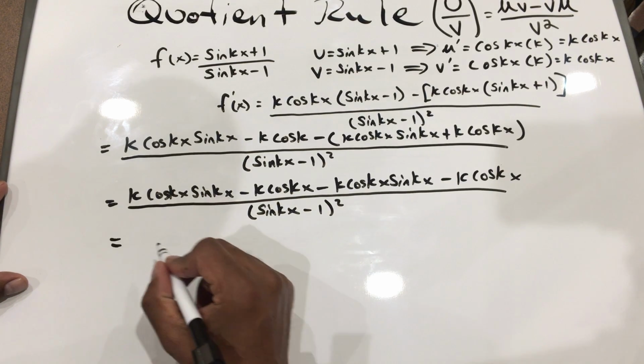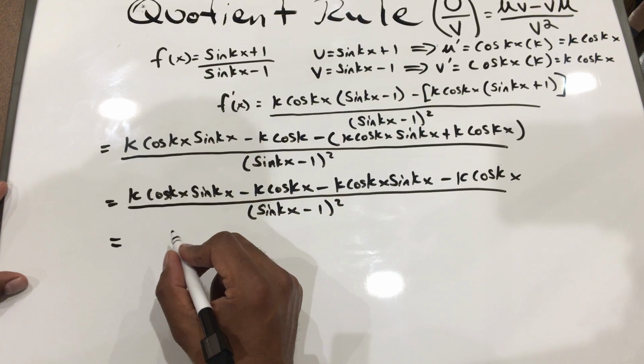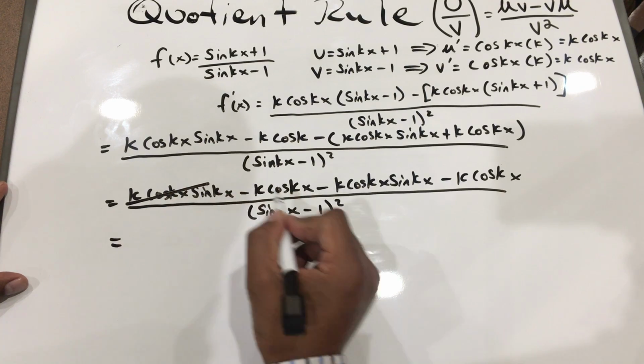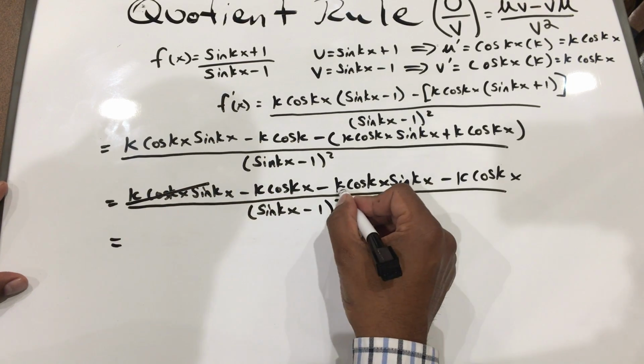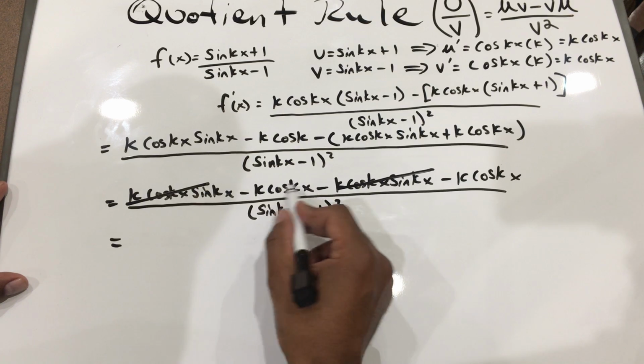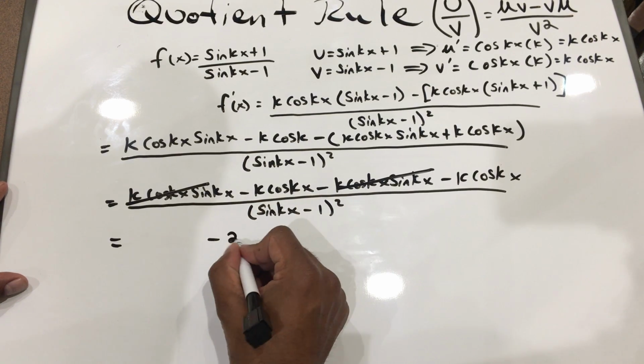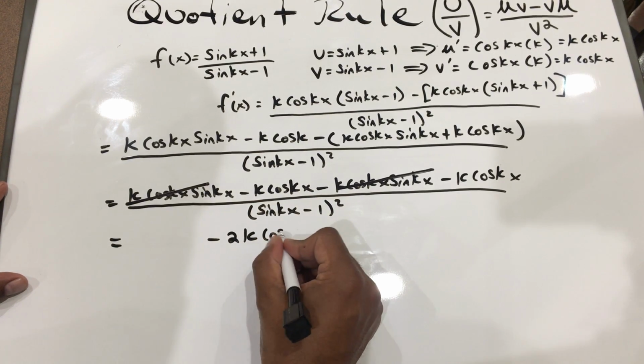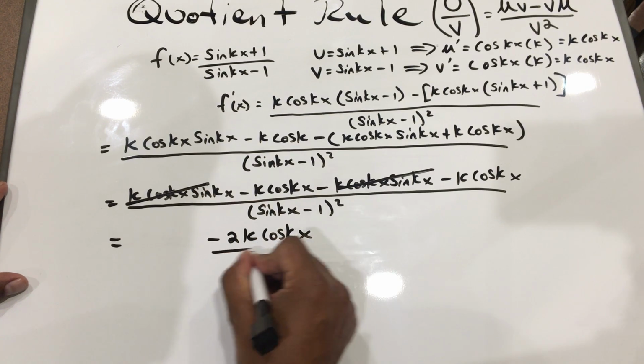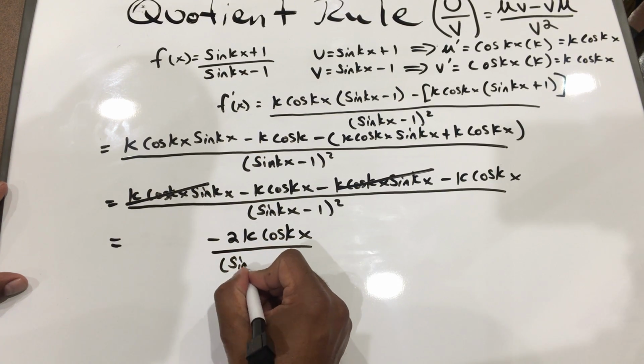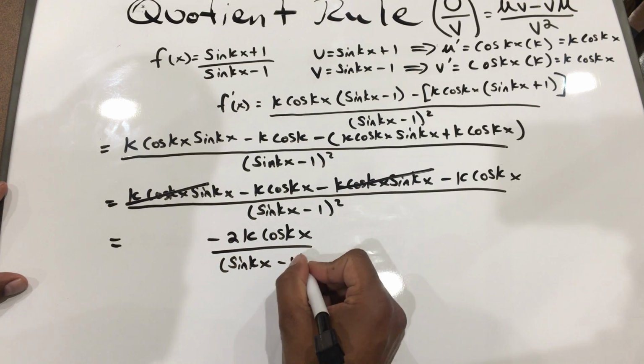Now, let's see if anything cancels. And we already see that the k cosine kx sine kx would cancel, and we'd be left with minus 2k cosine kx divided by sine kx minus 1 squared.